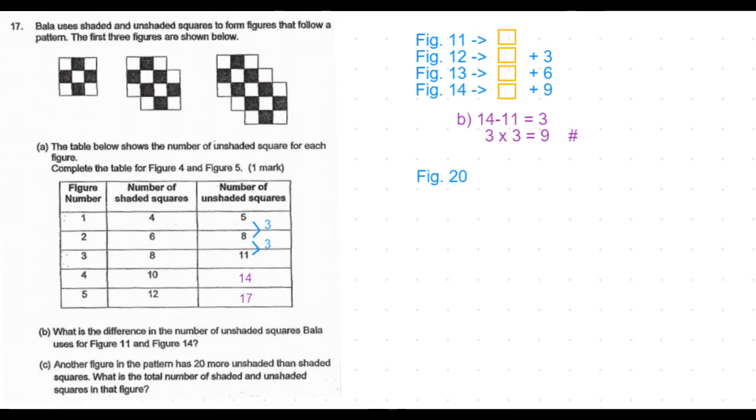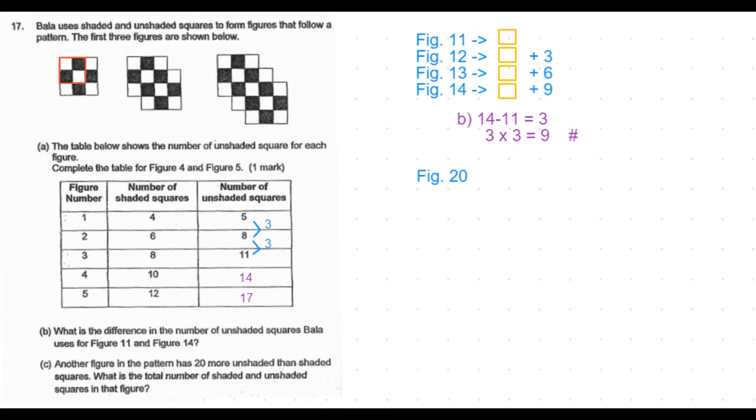Let's now derive the formula for this pattern. If you are new to deriving formula, please click on the I button at the top right corner to learn how to derive the formula for pattern problems. If you are already aware, this is a constant difference method where the initial pattern 0 would be just the 4 squares, which is 2 shaded and 2 unshaded.